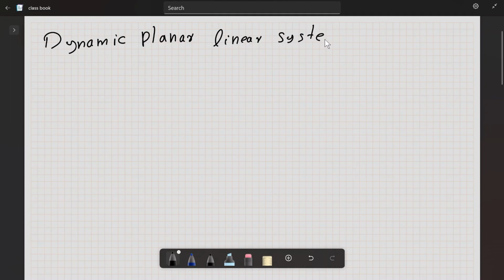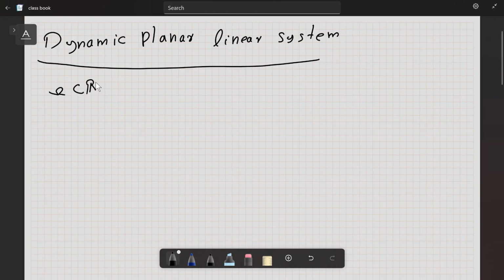So we are talking about dynamic planar linear systems. Usually it's a planar system. So for our system, consider omega, an open set belonging to R squared, because we are talking about the planar linear system.